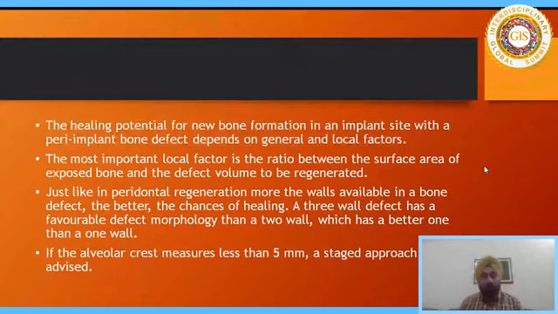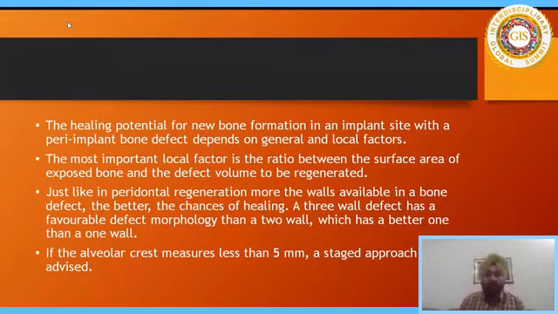They know well that the more walls available in a bone defect, the better the chances of healing. For example, a three-wall defect, which has three walls surrounding it, has a better defect morphology and will heal well because it has perfusion from three sides. Then a two-wall defect, and a one-wall defect is the most difficult to build.